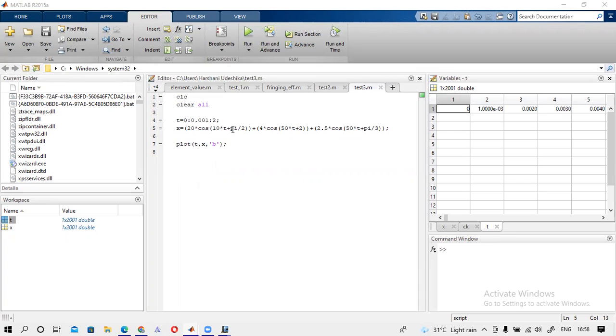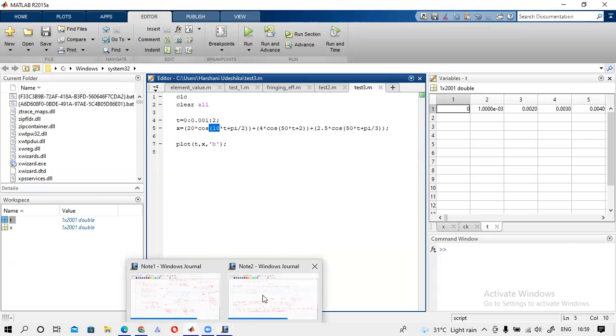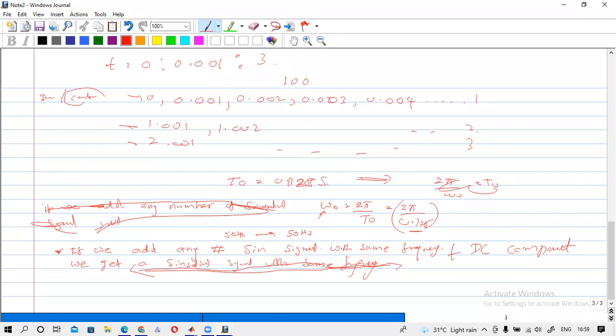So in this signal you have two frequency components actually. One is 50 and this is 10. Here we add cos 50t, cos 50t, and cos 10t signals. So these three signals we had.